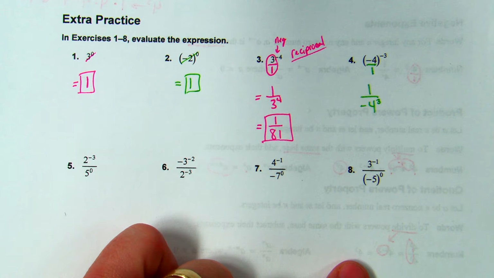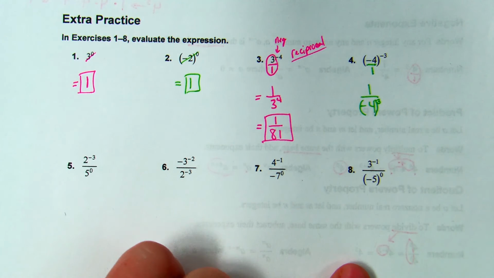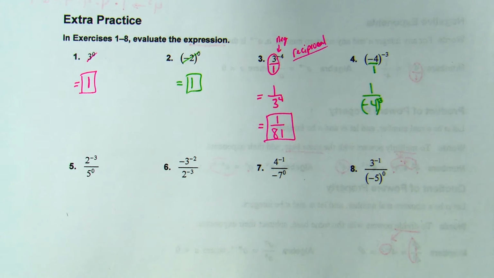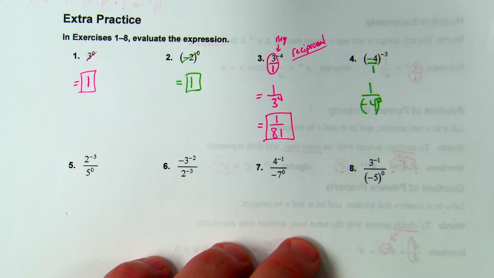And I like to do this as well because I want you to get in the habit of seeing it like this, because when you begin to use the calculator, you're going to need to put any negative base in parentheses. And the reason is if you put a negative 4 raised to an odd power in the calculator, it's going to be negative, which it should be. But if you put a negative base to an even number power, it's still going to be negative because the calculator sees it as negative 4 to the 4th power.